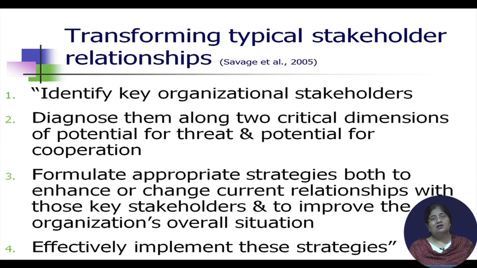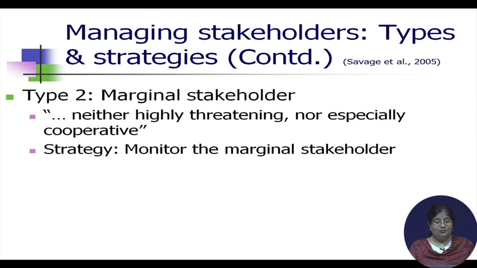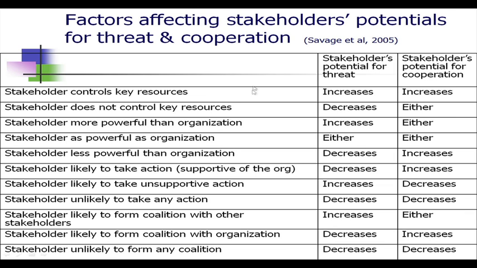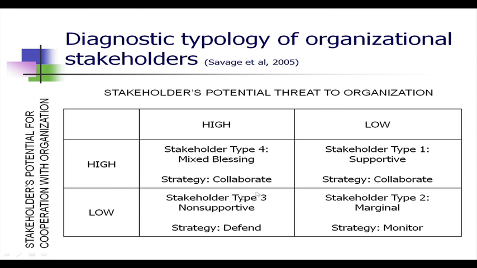Then diagnose them along two critical dimensions of potential for threat and potential for cooperation, right here. Find out where they lie, what they are doing, and where they are. Are they the supportive type, marginal type, non-supportive type, or mixed blessing type of stakeholder?